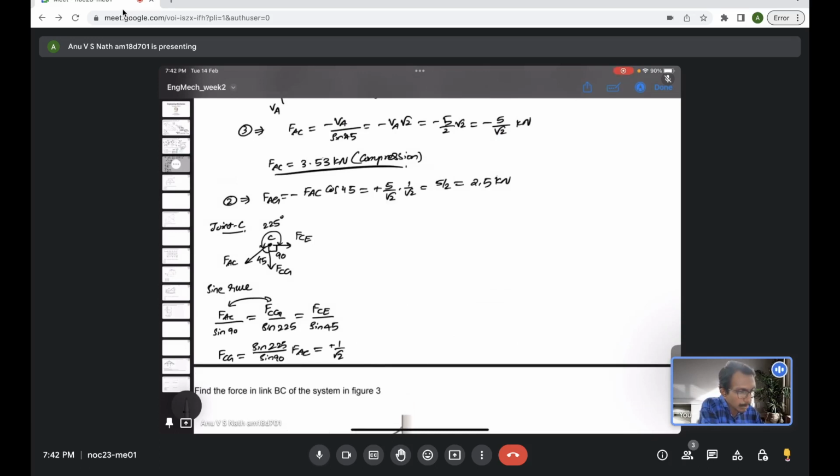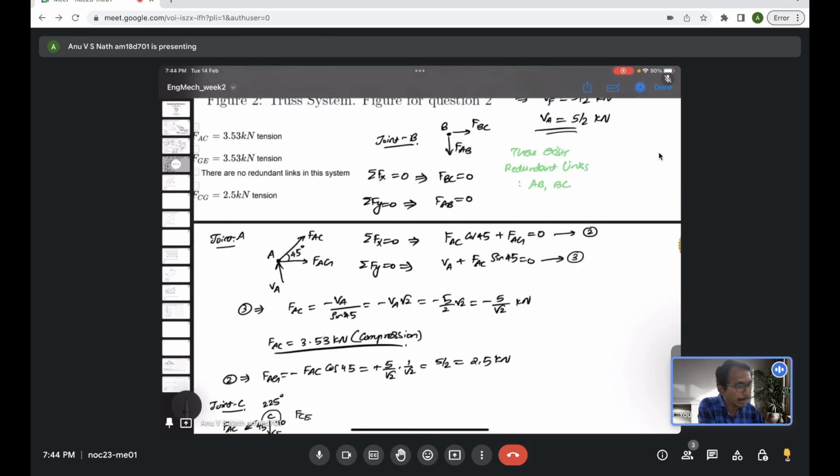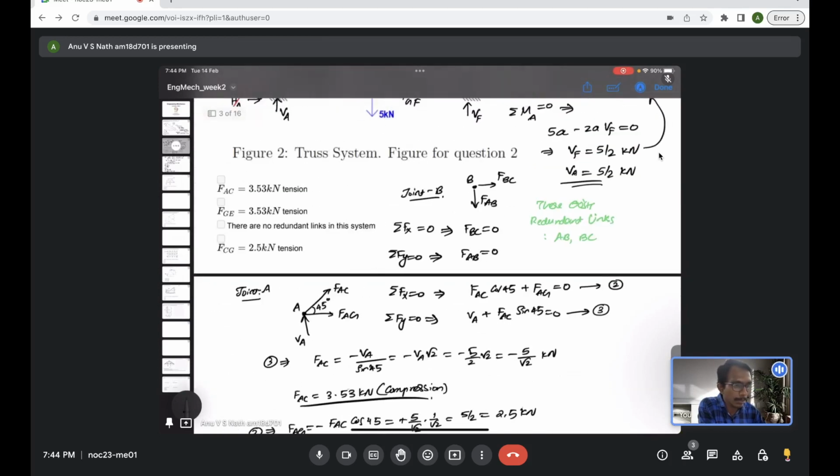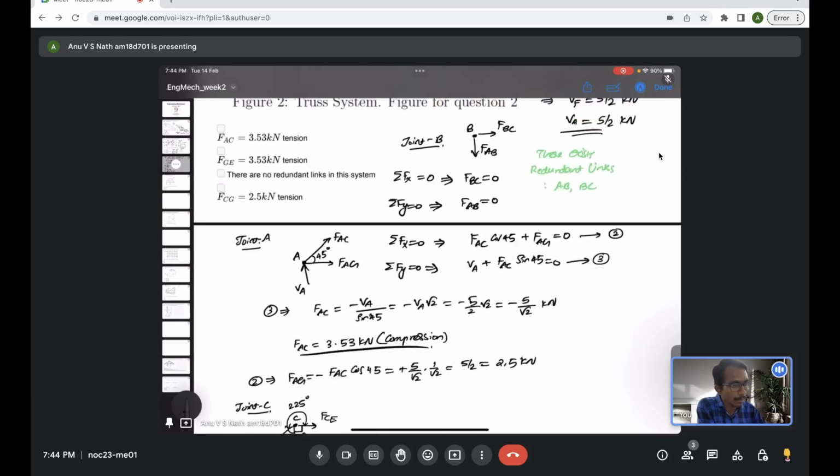So that minus and this minus will make it plus 5 by root 2. So we'll have plus 2.5. So we have evaluated FCG to be 2.5 kilonewton. So if you come back and see, FCG is 2.5 kilonewton, it's given in the options, and it's a tension because it's positive, and we already took the convention plus to be tension. So option 4 is correct actually.